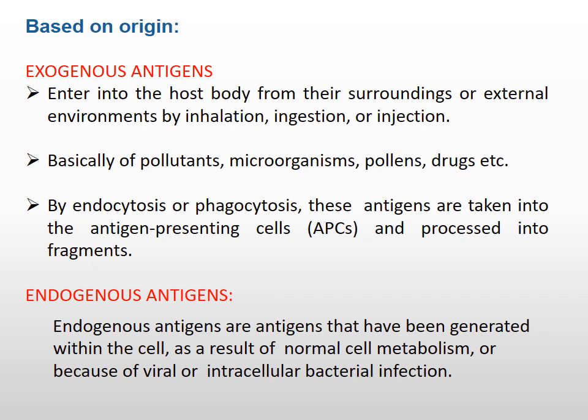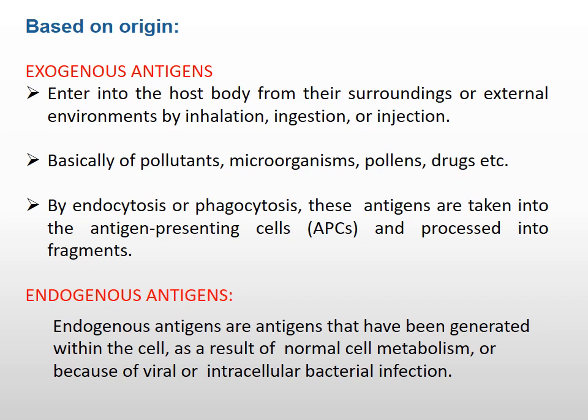They are basically pollutants, microorganisms, pollens, drugs, etc. So from the outside they enter into the host body through endocytosis or phagocytosis. Then they are presented to the antigen presenting cell or APC and processed into fragments for generation of the immunogenic reaction.